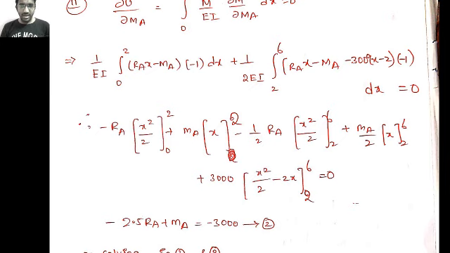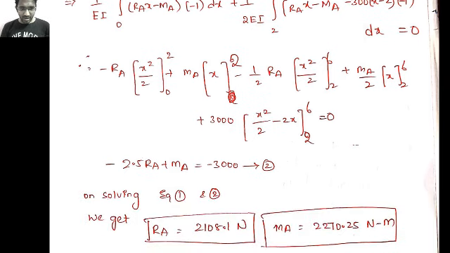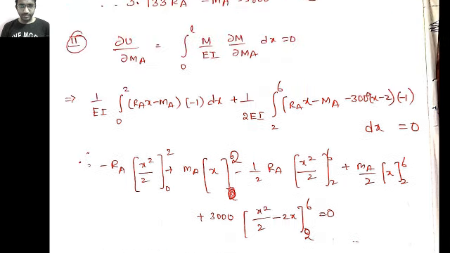This is the final expression. From this, after the entire mathematical operation, finally I got the equation minus 2.5 RA plus MA is equal to 3000. This is equation 2.